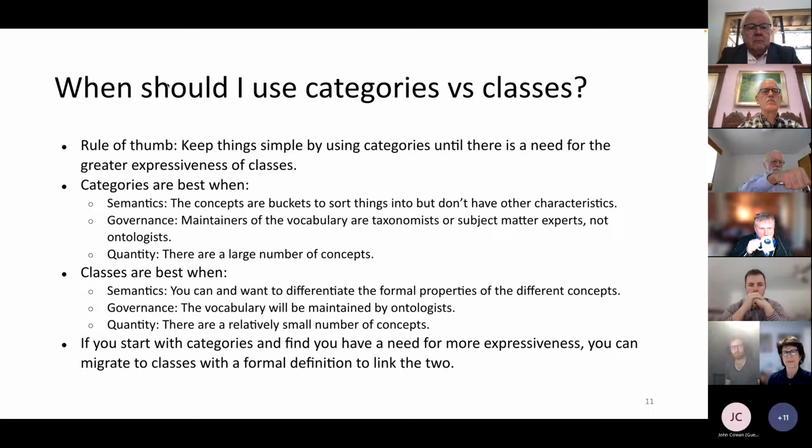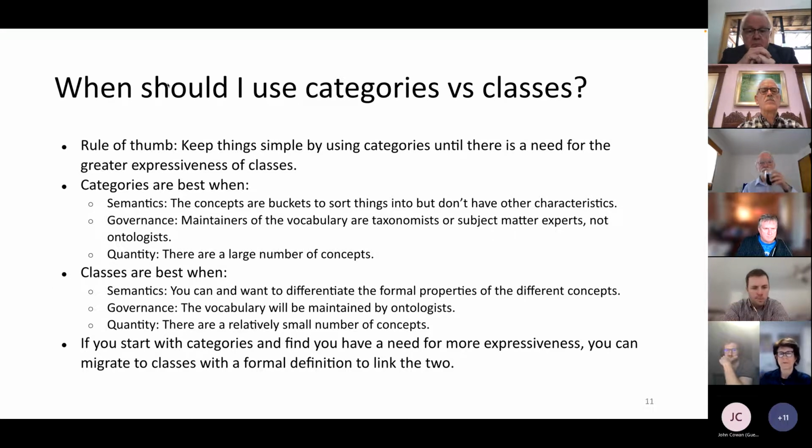Categories can be related by a subcategory supercategory relationship, which can be used to create a hierarchical tree of categories. And the big question, when to use categories versus classes, I think our rule of thumb is that you keep things simple by using categories until there's a need for the greater complexity and expressiveness of classes. And there's also issues of governance.